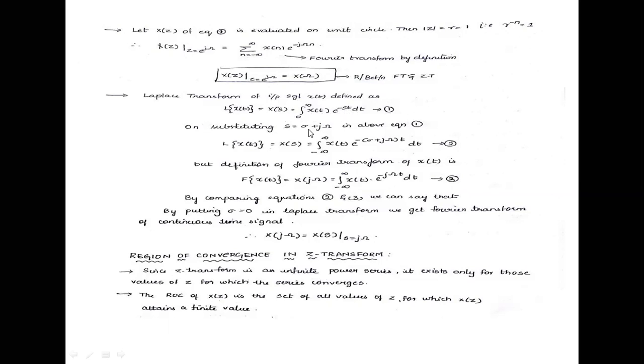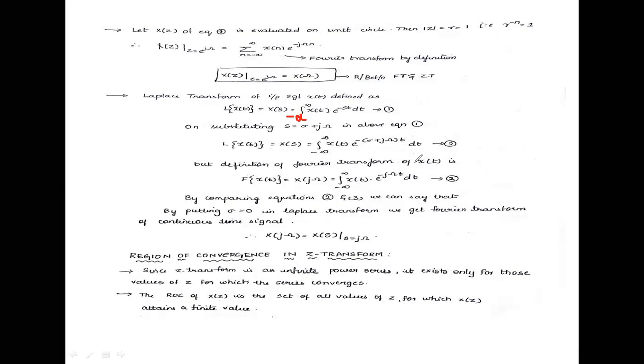Substituting s equal to sigma plus j omega in the above equation, X of s is the integral from minus infinity to infinity, taking the bidirectional case, of x of t e to the power minus sigma plus j omega times t, where sigma is the real part and omega is the imaginary coefficient.